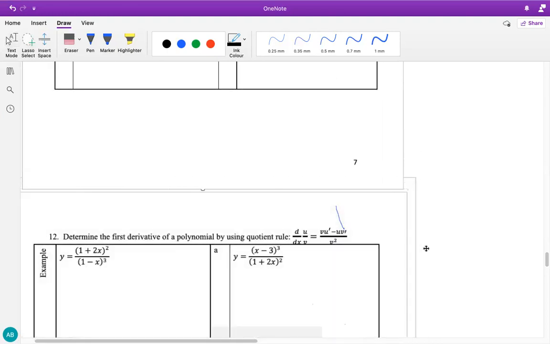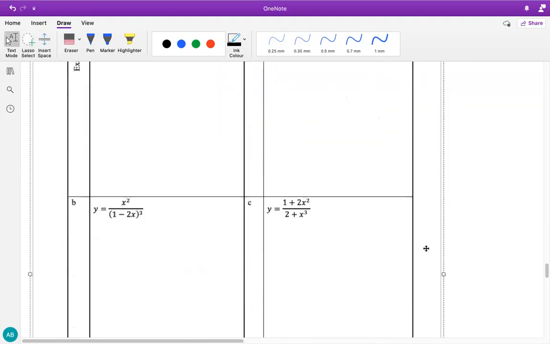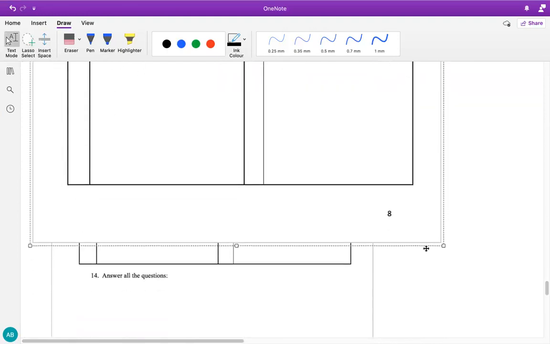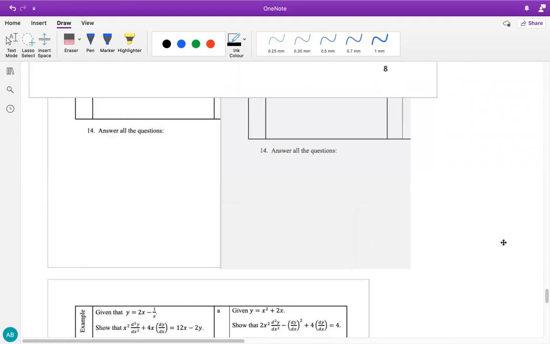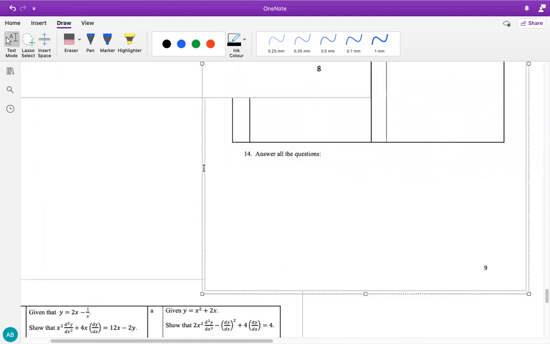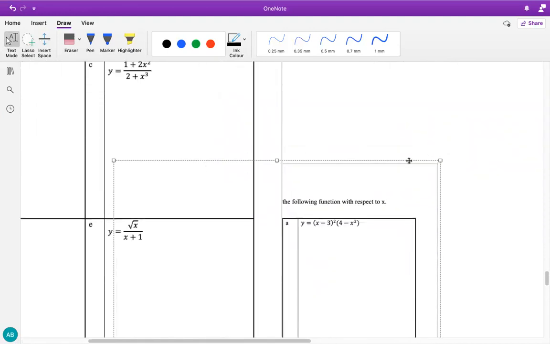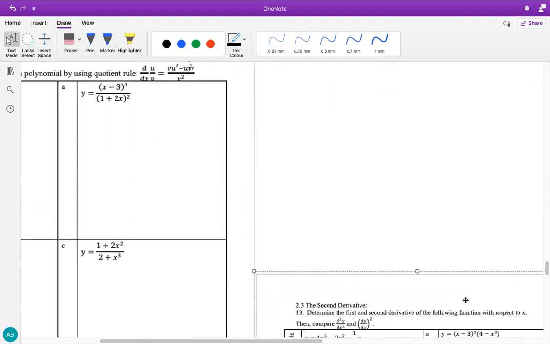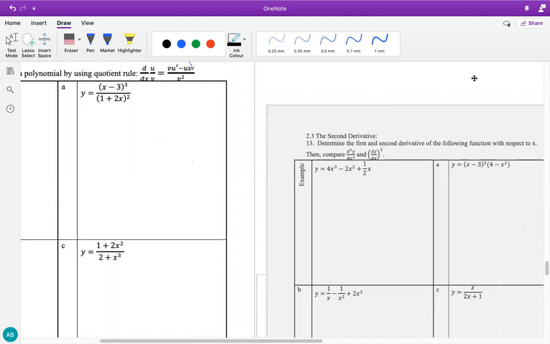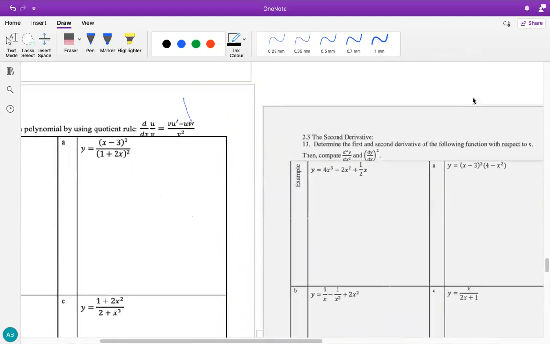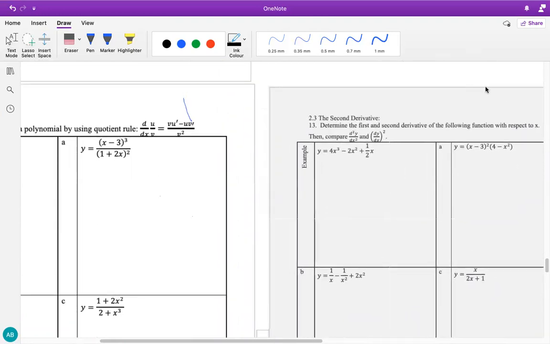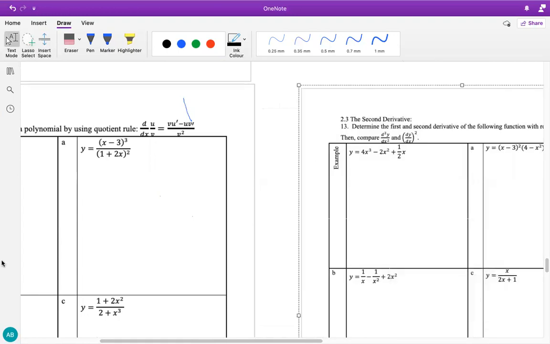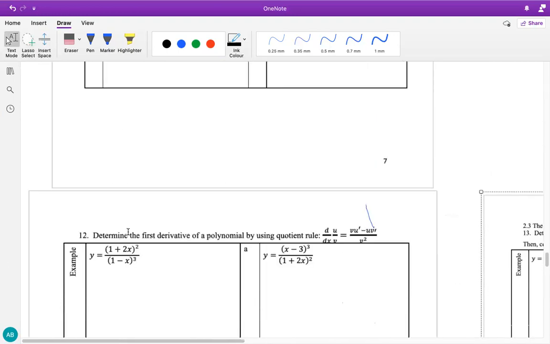So a lot of students like to use quotient rule, huh? Okay, so let me take it out first. Okay, quotient rule and product rule.